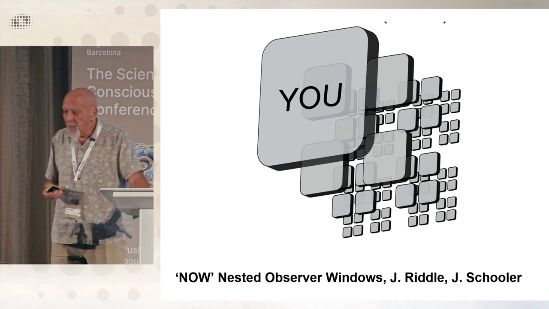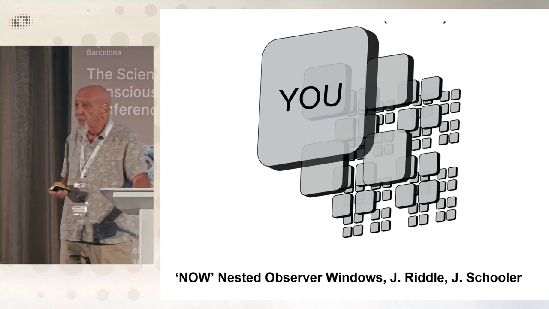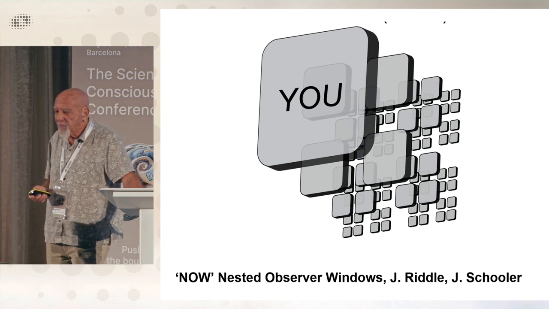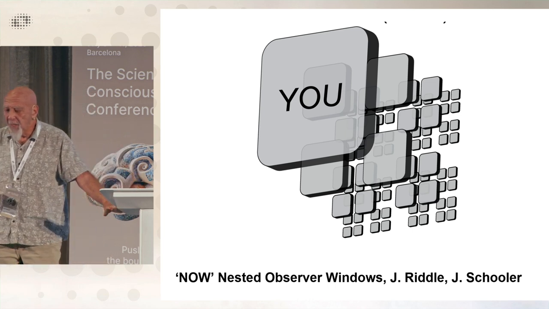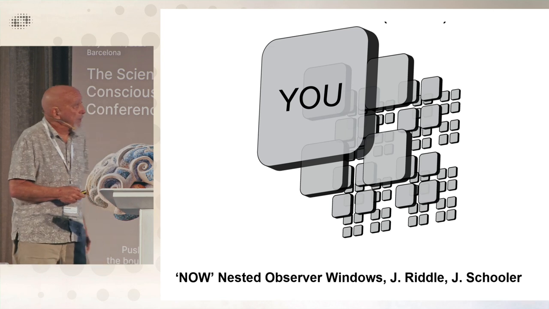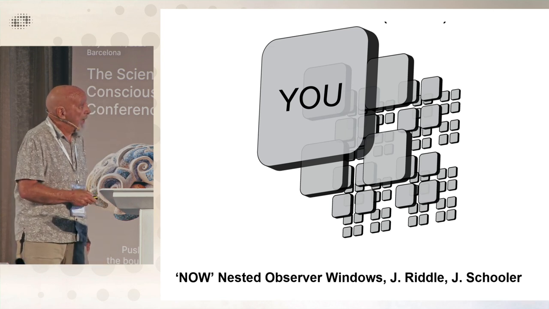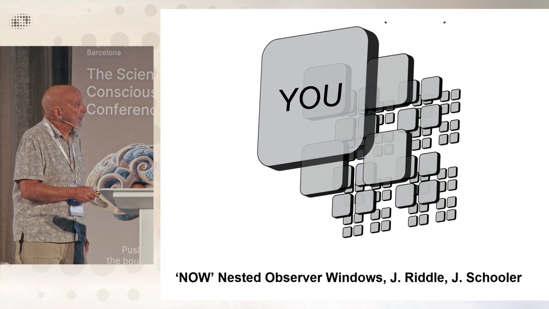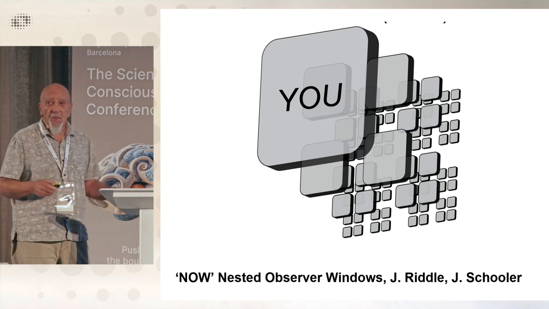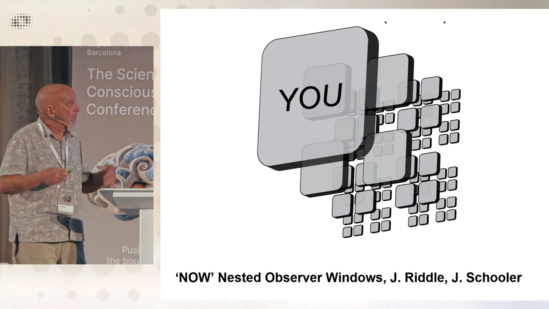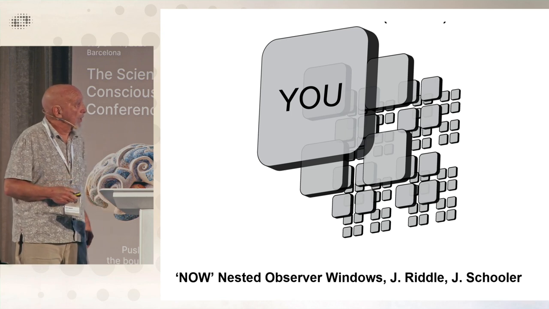So this is a model from Justin Riddle and Jonathan Schooler, who were here. They presented it, I think, maybe a year or two ago at the Tucson conference. Basically, they start with small, fast, and it's a multi-scale hierarchy going larger, slower, until at some level you get to the you, or the self, or the now, or whatever you want to call it.